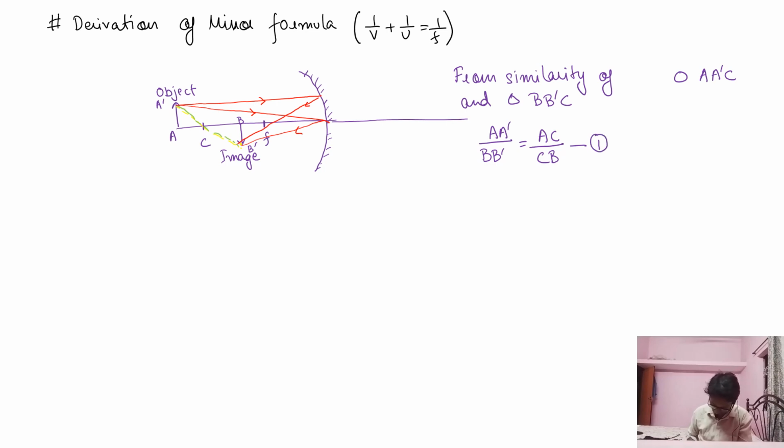Now see two more triangles. This triangle, triangle A dash and pole. Let's name the pole as P. Triangle A dash P and B dash P. And these two triangles are similar.